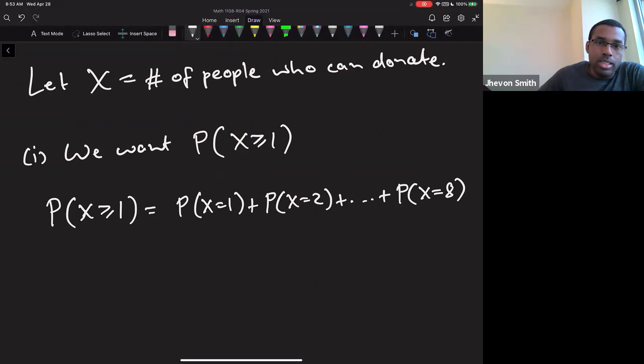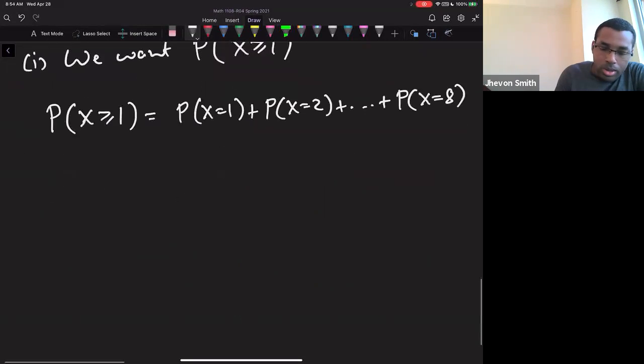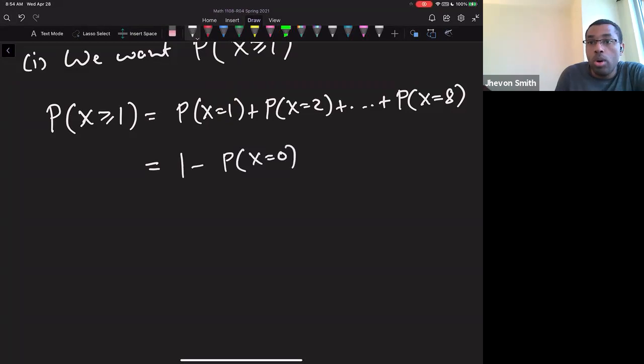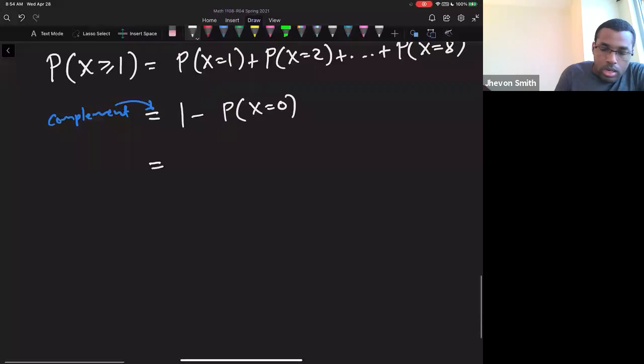Now that's a lot of things to go through for our formula. So I would actually use the complement. This is just 1 minus the probability that no one can donate, right? No one donating is the opposite of at least one donating. So this is a complement. Now we can just plug into the formula.